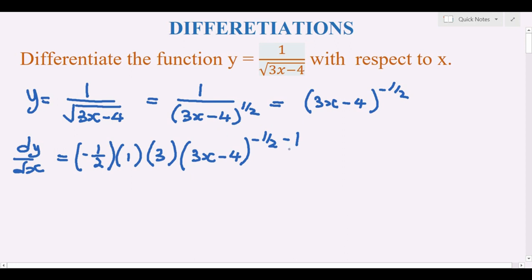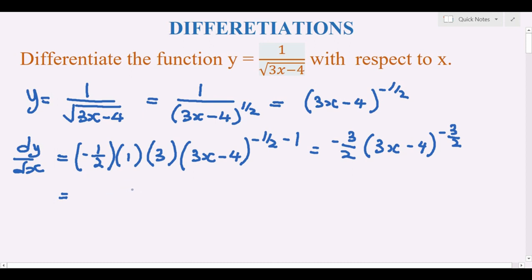So this will give us minus 3/2 into (3x minus 4) raised to the power of minus half minus 1, which is minus 3/2. We could leave our answer like this, but it's better we put it the way the question was given.